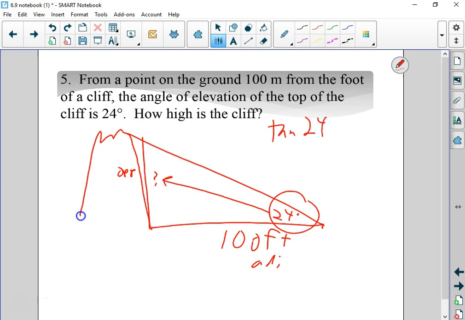Tangent of 24 equals the unknown over 100. We're going to multiply both sides by 100. That's our calculator just like that. 100 times tangent of 24 equals 44.5 feet. So not very tall, but good.